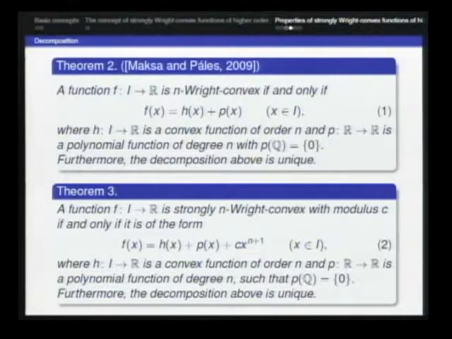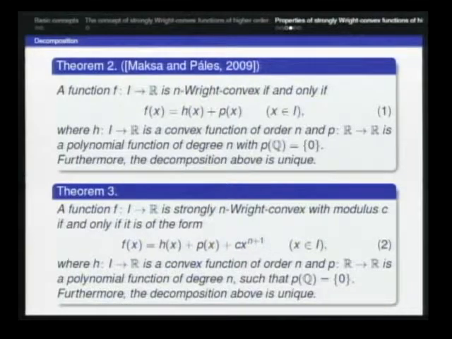Let f be a real-valued function defined on an open interval I. f is strongly n-right convex with modulus c if and only if it is of the form f(x) equals h(x) plus p(x) plus c times x to the power n plus 1, where h is a convex function of order n, p is a polynomial function of order n, and c times x to the power n plus 1 depends on the constant c which is given.